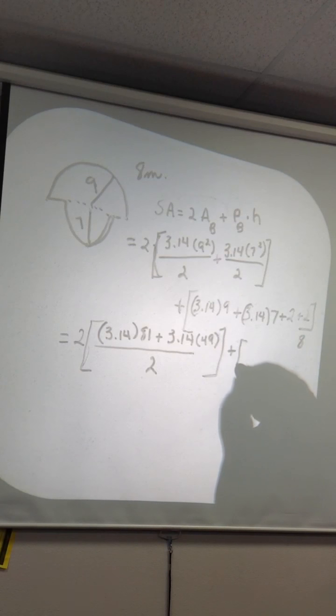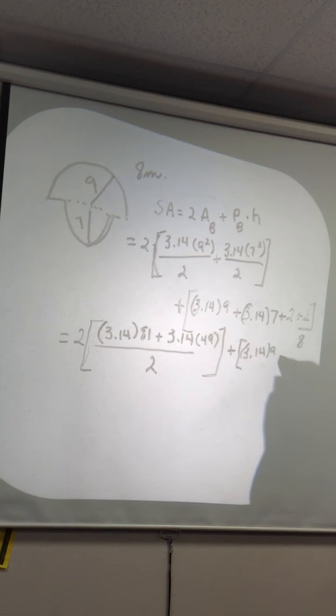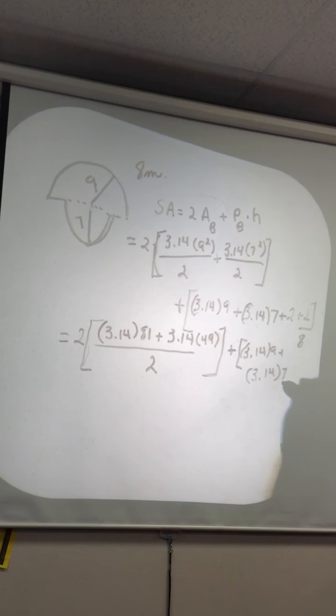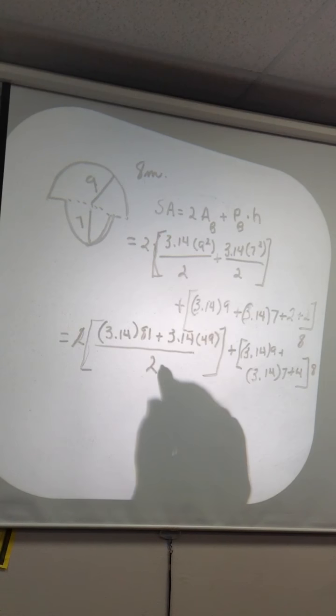You guys have got more room on your paper than I have here, but 3.14 times 9 plus 3.14 times 7 plus 4, and that's all going to be multiplied by 8. These 2's will cancel out.